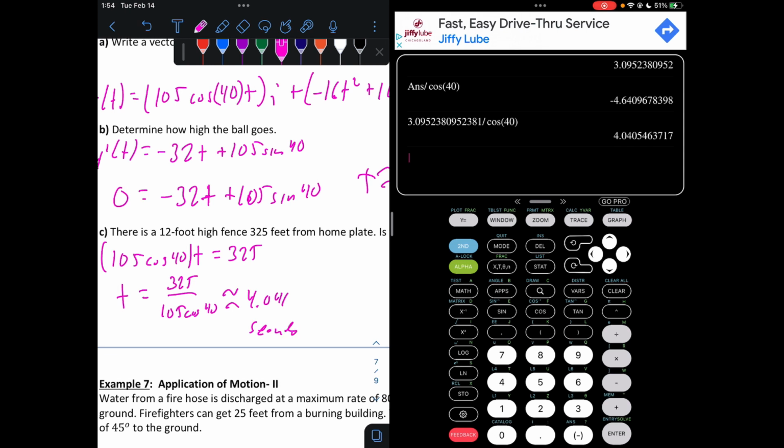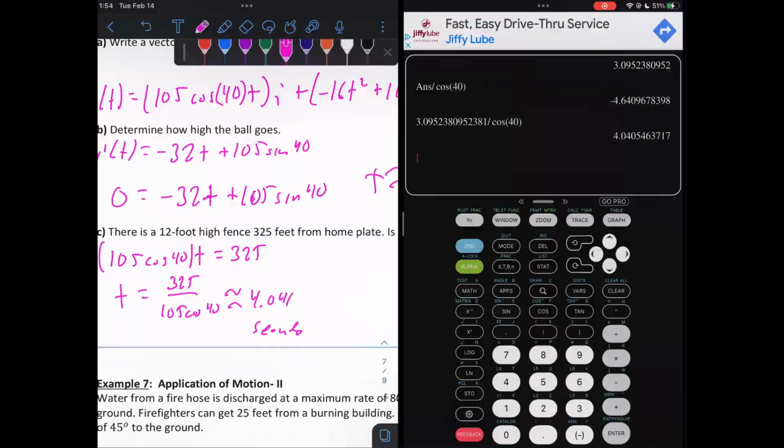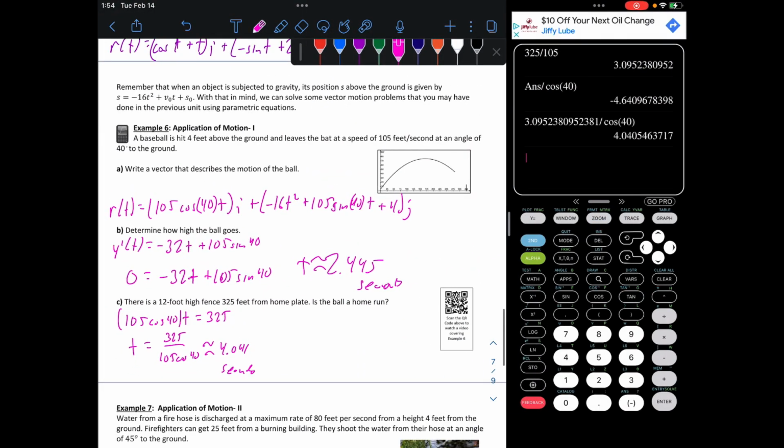Seconds. So we want to know what the height will be at that time. So we're going to put that time into my y coordinate. Negative 16 times 4.041 squared plus 105 sine 40 times 4.041 plus 4. I'll put the 4 there.